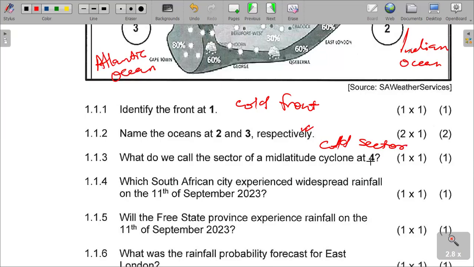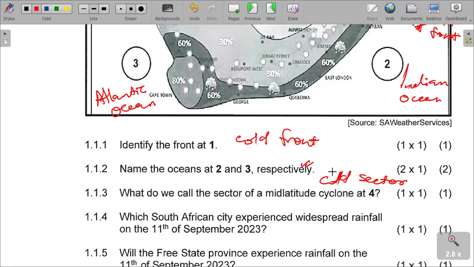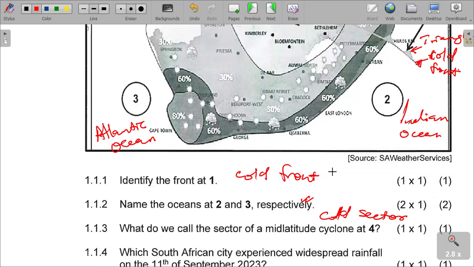And then 1.4: which South African city experienced widespread rainfall on the 11th of September 2023? We just have to check on our map.